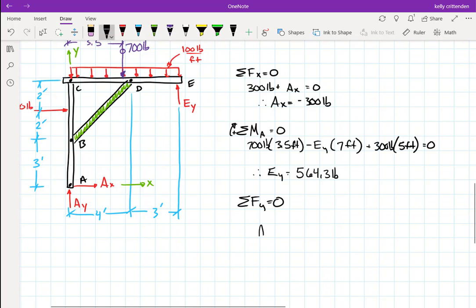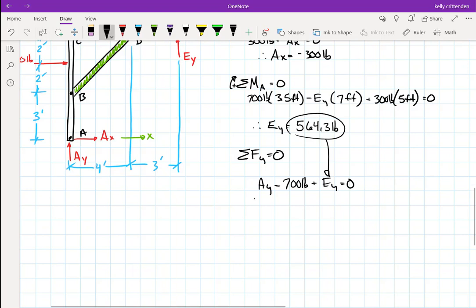So AY minus 700 pounds plus EY needs to add to 0. Then we plug in EY as this 564. So basically we do 700 minus the 564 and we get 135.7 pounds. So we've got our reactions.